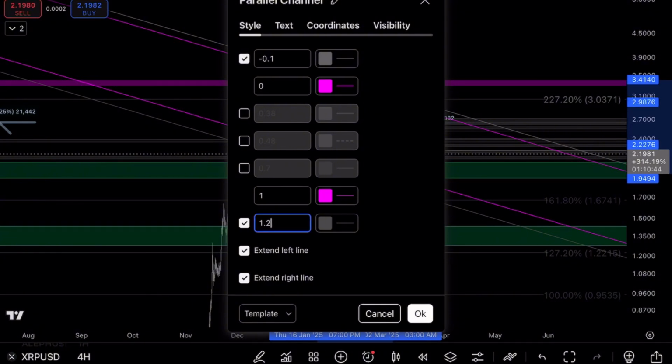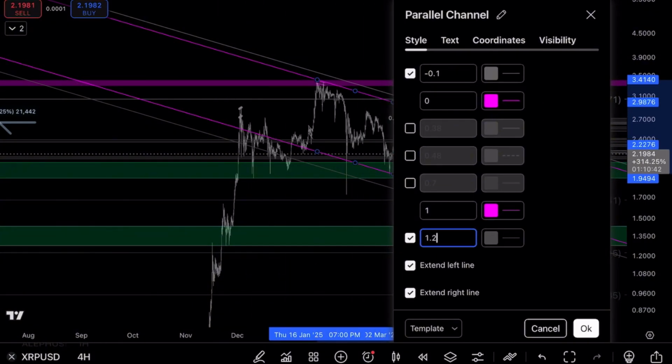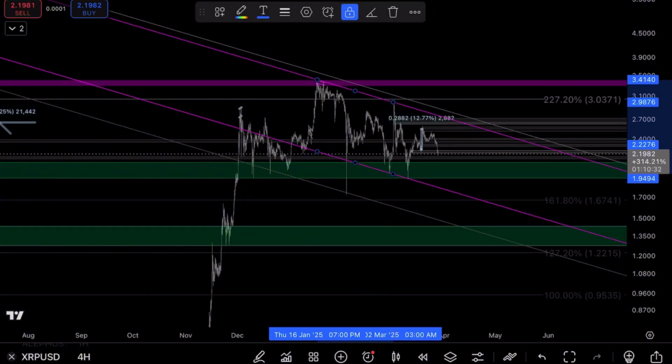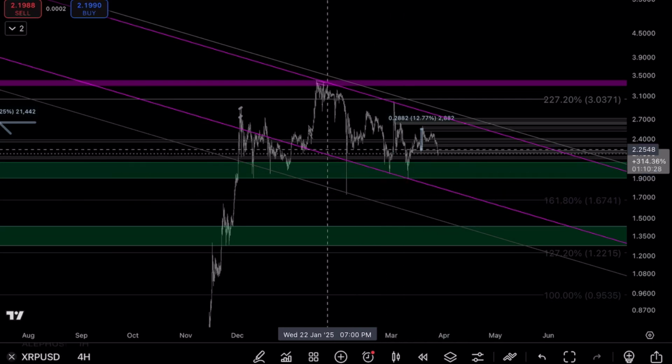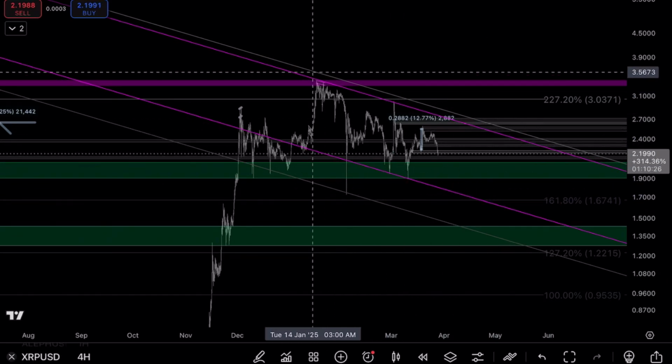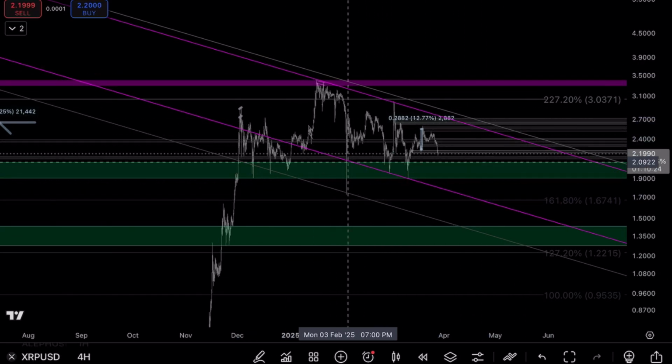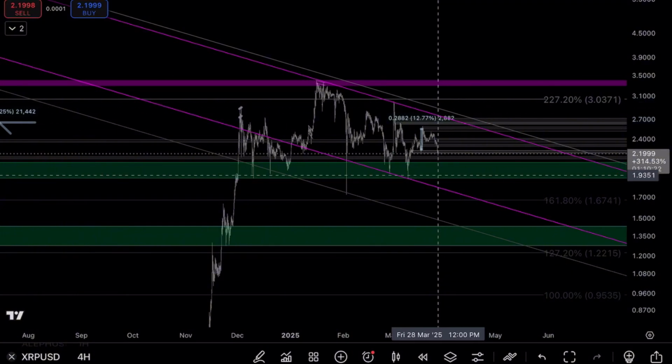And you can change this to reflect the peak. So I'll say about 0.45, right? So you see how it ended up catching that. But my channel that I'm really going to go by is between these two pink lines.